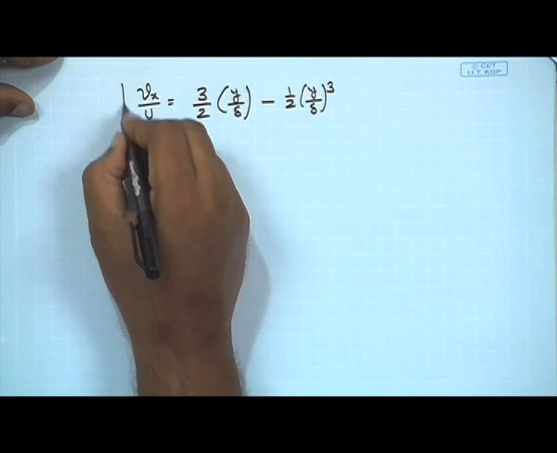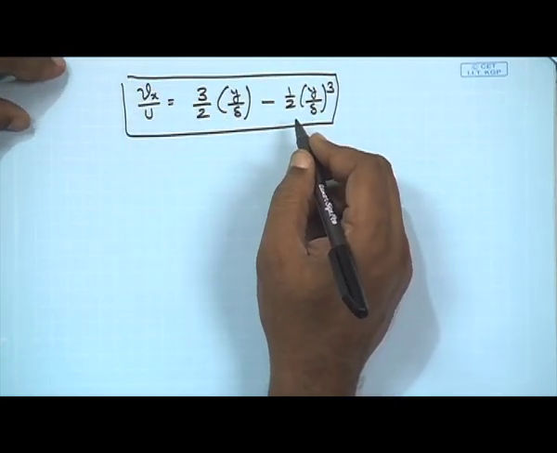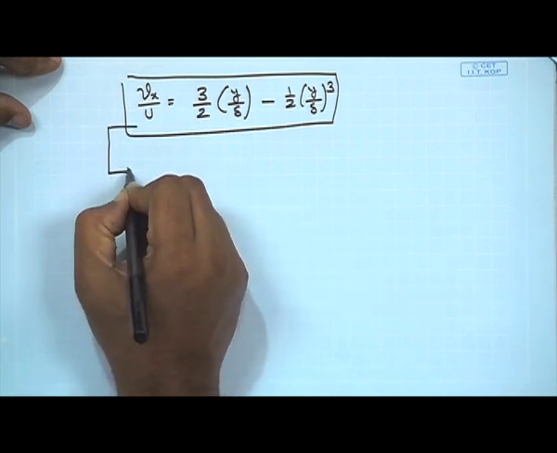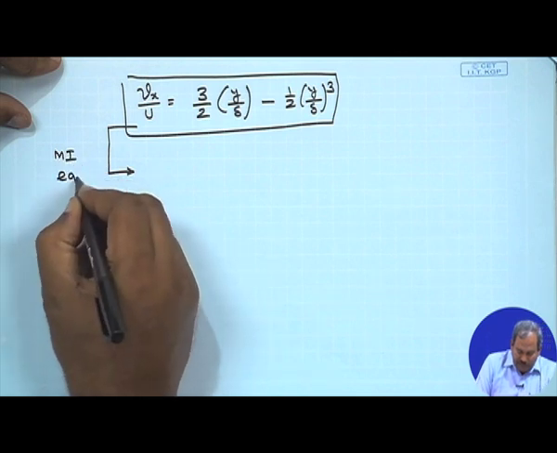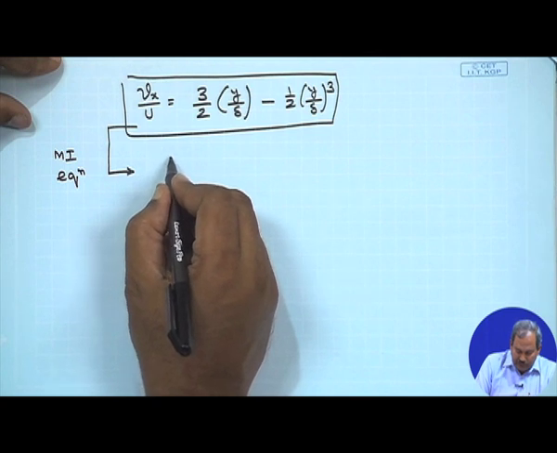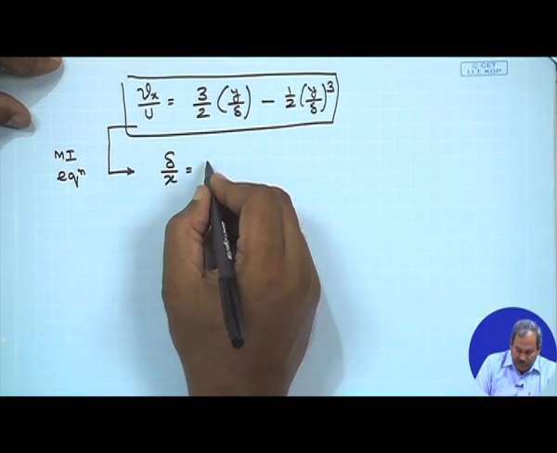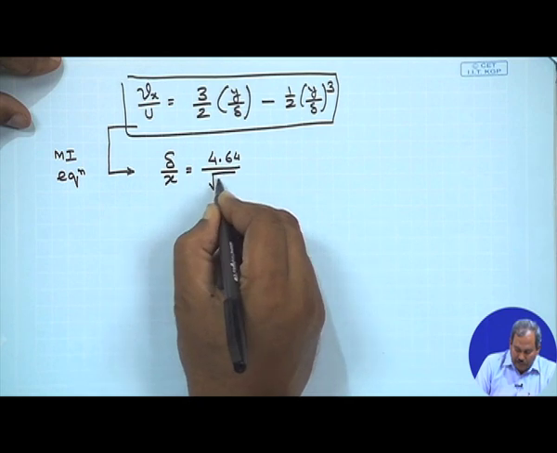This is the profile which has been provided to us, and using the momentum integral equation methodology already prescribed, it would be easy for you to obtain, but I would still request you to do it on your own. You would see that delta by x turns out to be 4.64 by root over Re x.